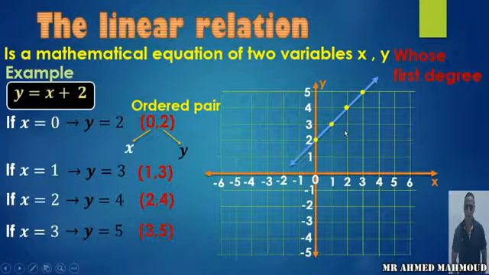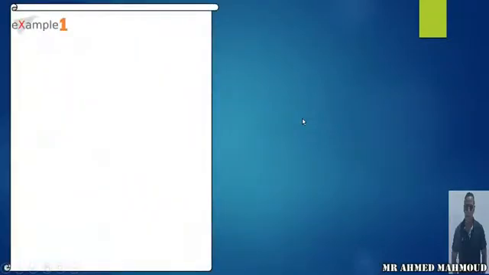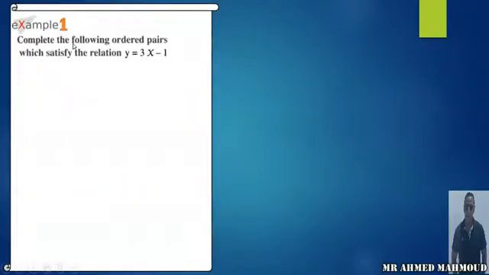Let's solve problems on this concept. Number 1: complete the following ordered pairs which satisfy the relation y equals 3x minus 1. The first ordered pair is 5 and what? Here 5 is x, and this one is y.